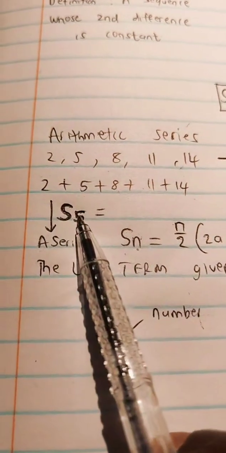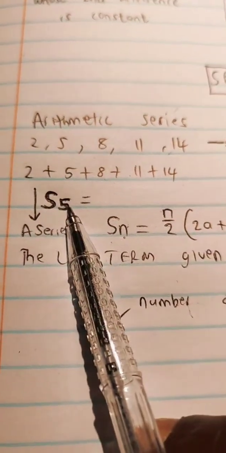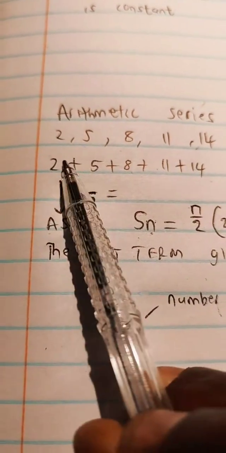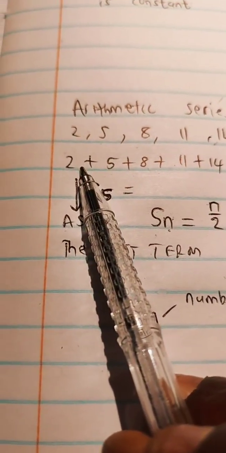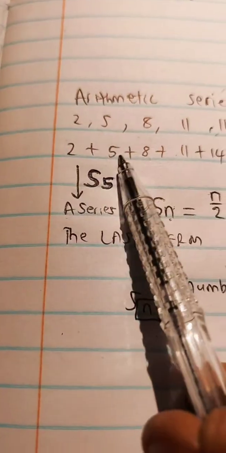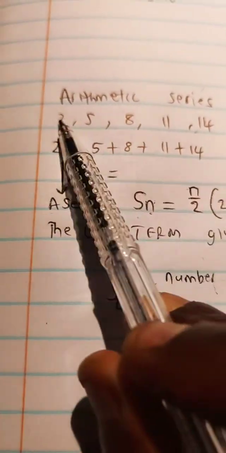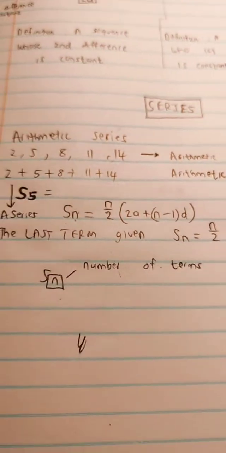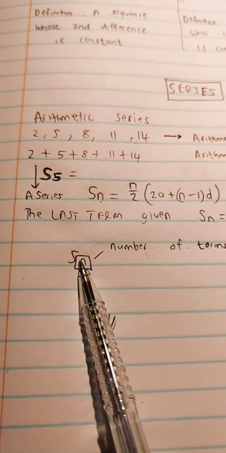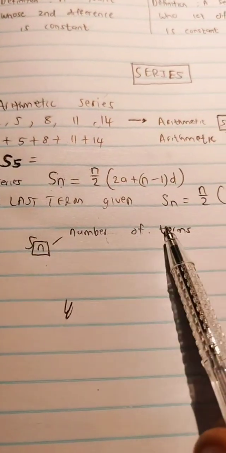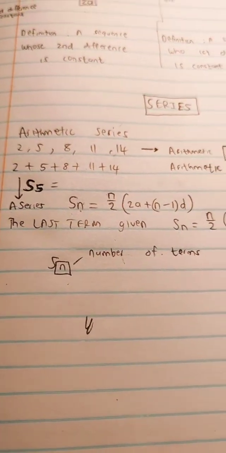So that's why, for instance, if I say S5, what am I saying? I'm saying the sum of the what? How many terms are we talking about? We are talking about 1, 2, 3, 4, 5. That is the sum of the first 5 terms. So generally speaking, the n means number of terms.